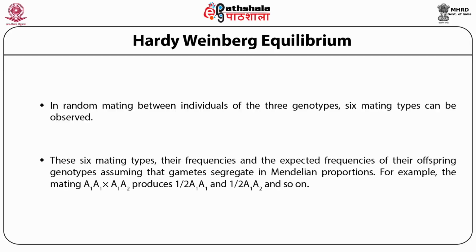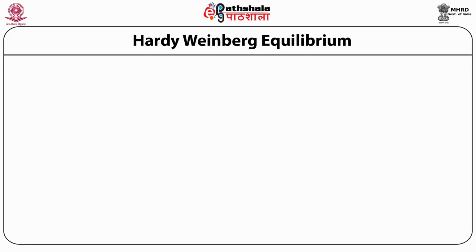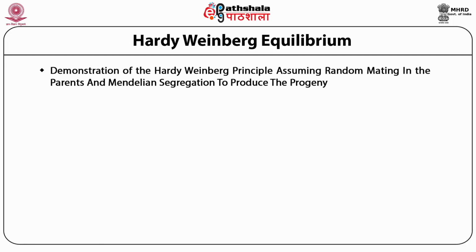These 6 mating types, their frequencies, and the expected frequencies of their offspring genotypes assume that gametes segregate in Mendelian proportions. For example, the mating between A1A1 genotype and A1A2 produces half A1A1 and half A1A2 types of gametes. The graph given in this slide demonstrates the Hardy-Weinberg principle assuming random mating in the parents and Mendelian segregation to produce the progeny.